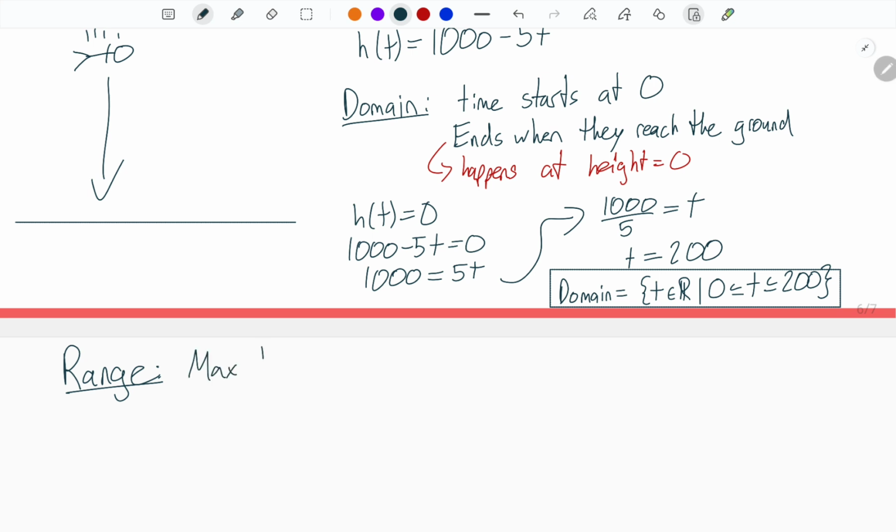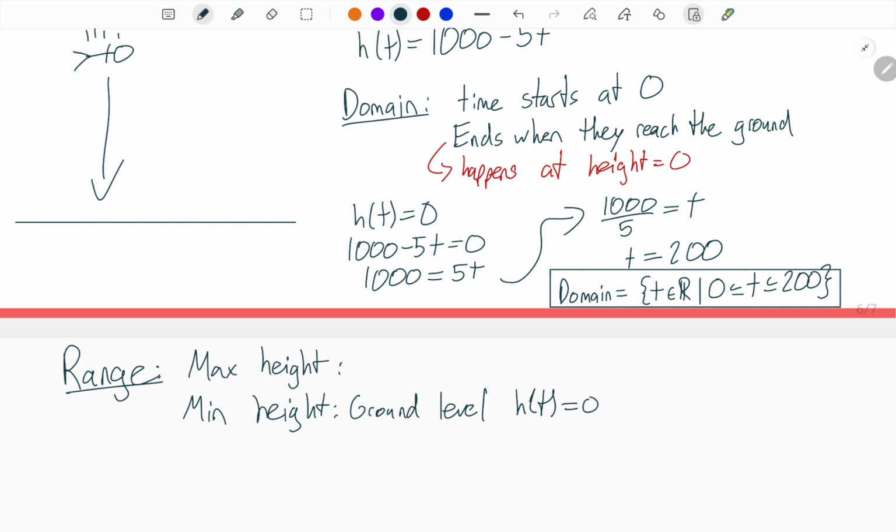So we need to think in terms of max height and minimum height. Well, the minimum height: this function ends when she hits the ground. So the minimum height is ground level. We don't need to actually do any solving in that case. It's just 0. Once you reach 0, you're at the bottom.